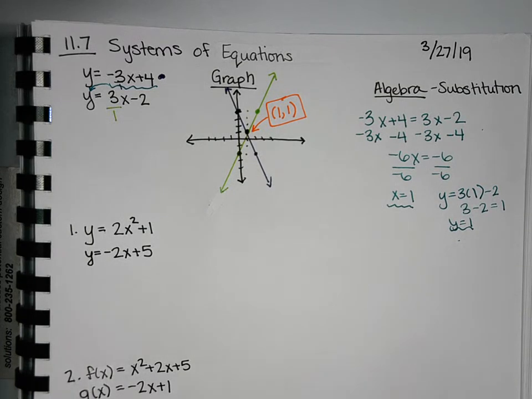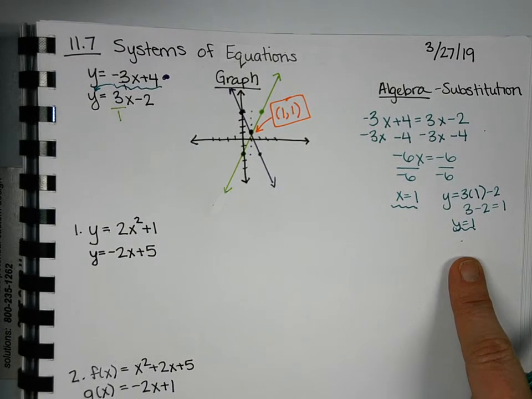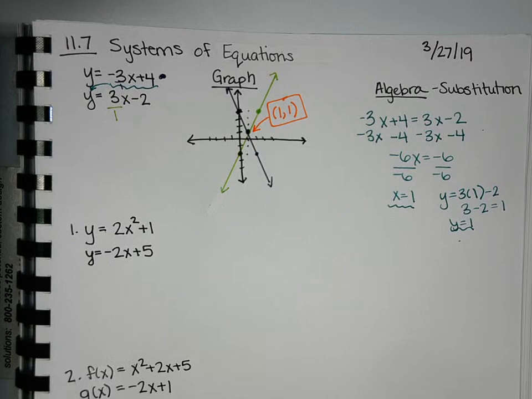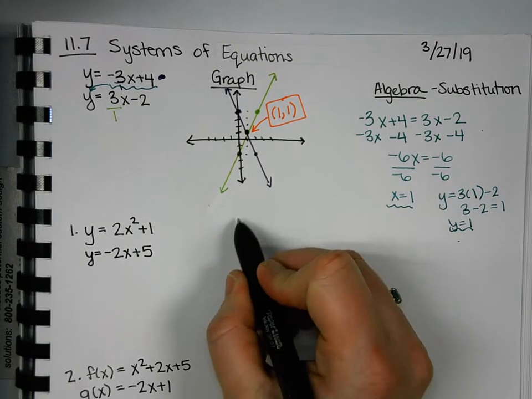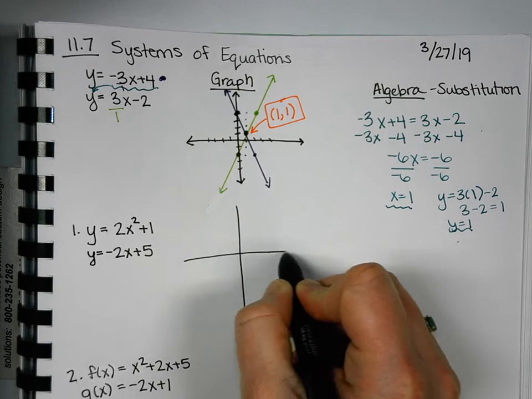Okay, so that's what you did last year. You did graphing and you did by substitution. Is it ringing a bell at all? Now that we've done one? Okay. We're doing the same thing, except one of our graphs now is going to be a parabola and one of them will be a line.